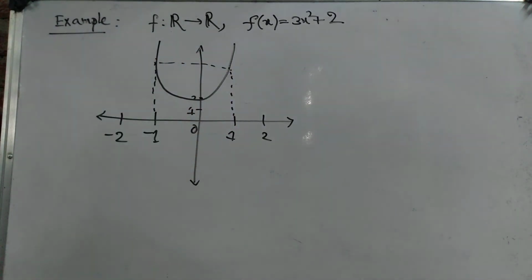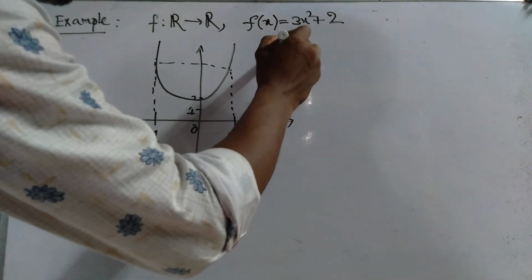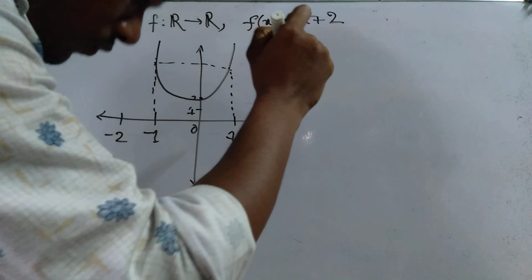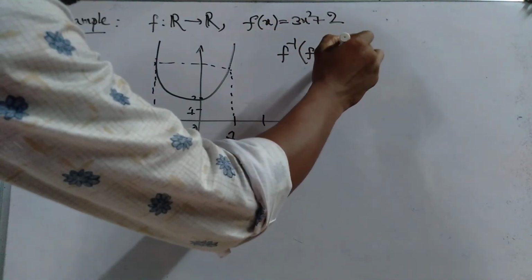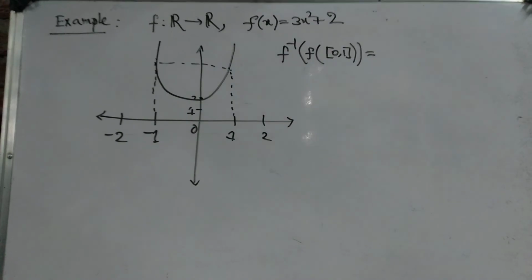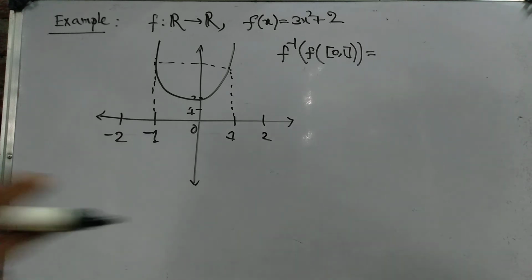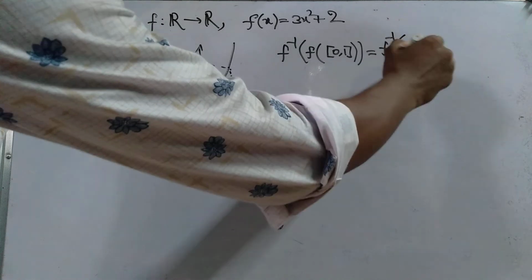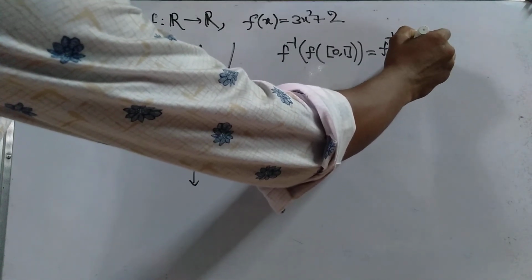Okay, so here f inverse of f of the closed interval [0, 1] equals how much? f of 0: if we put 0, then this one is 2.